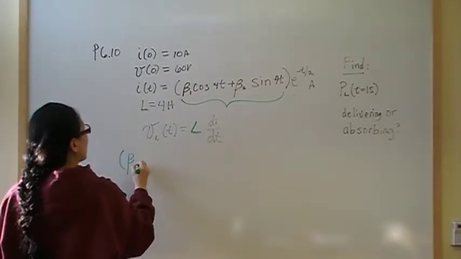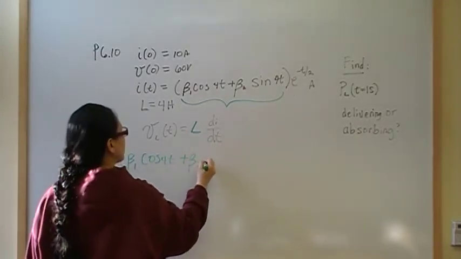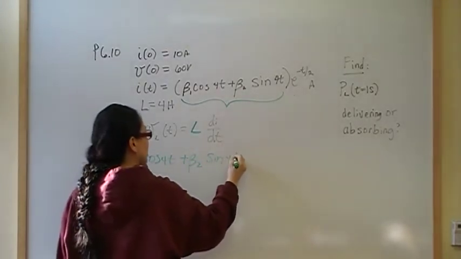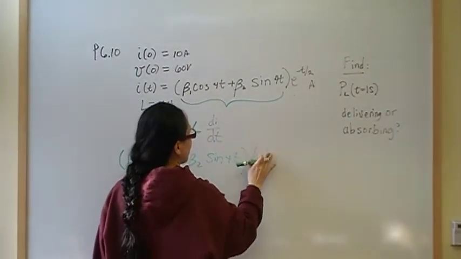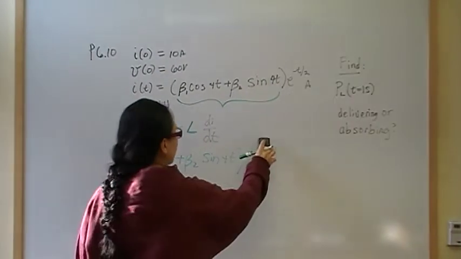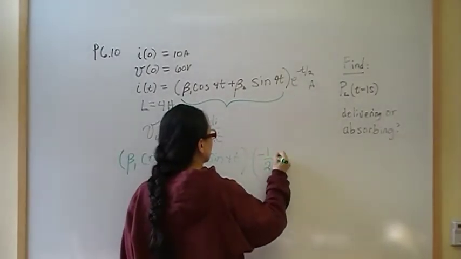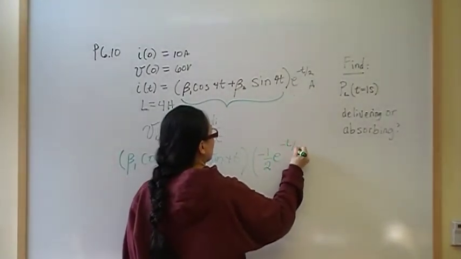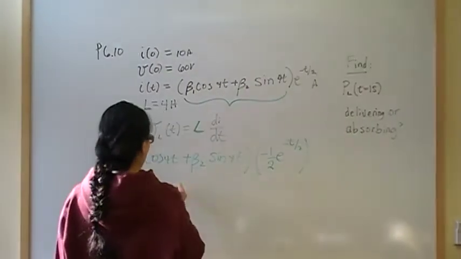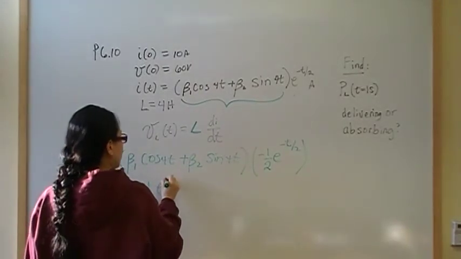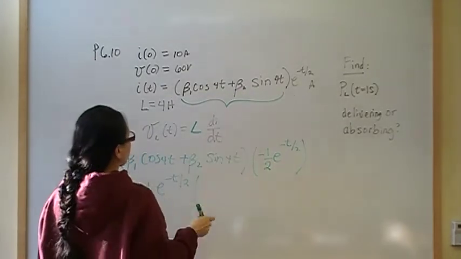So let's go ahead and start with that. That's beta 1 cosine 4t plus beta 2 sine 4t times the derivative of that, which is just negative 1/2 e to the negative t over 2. That's the first part. The second part is this, freeze that, plus e to the negative t over 2 times the derivative of that.